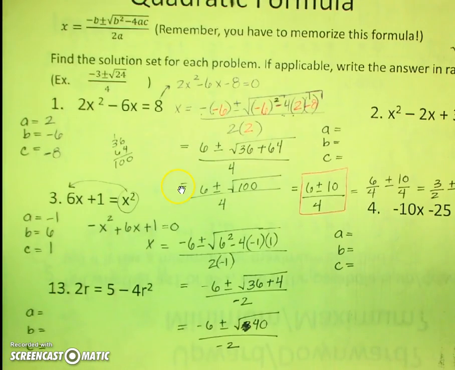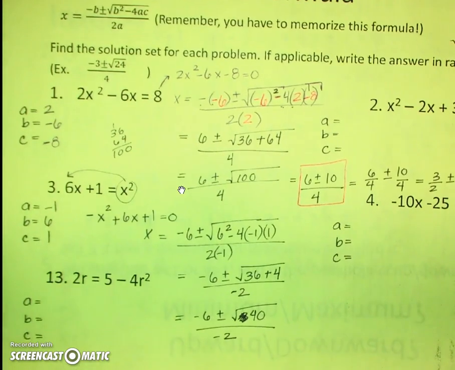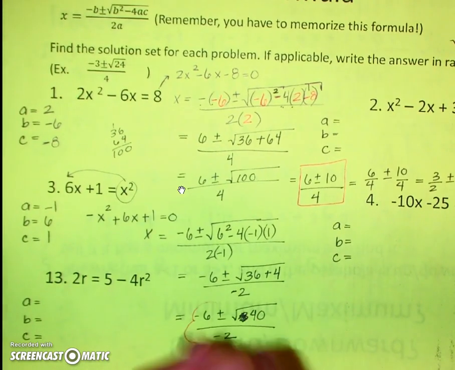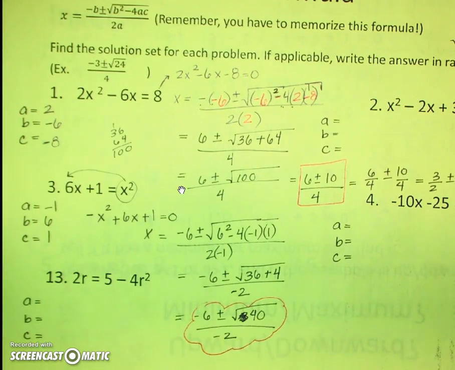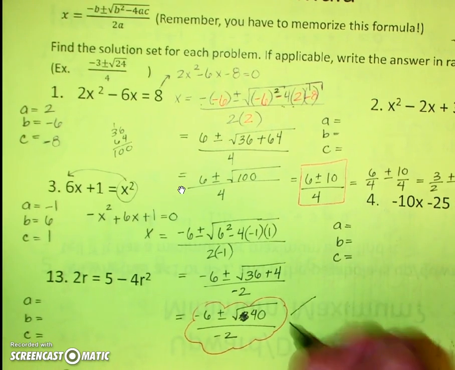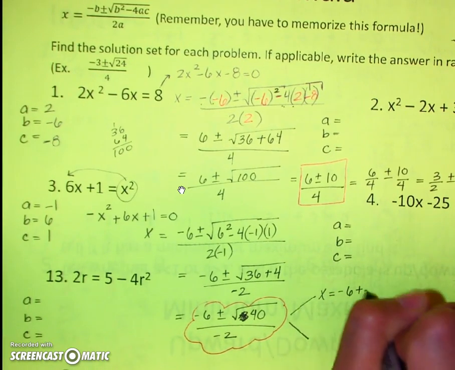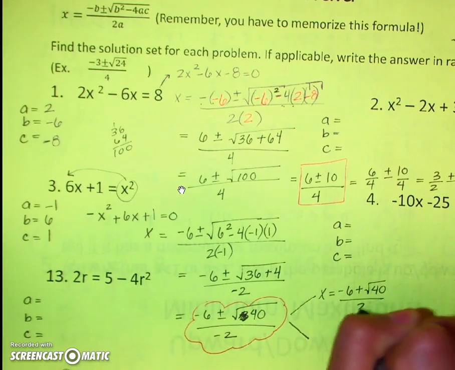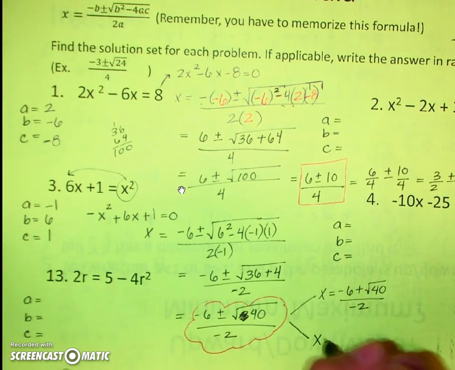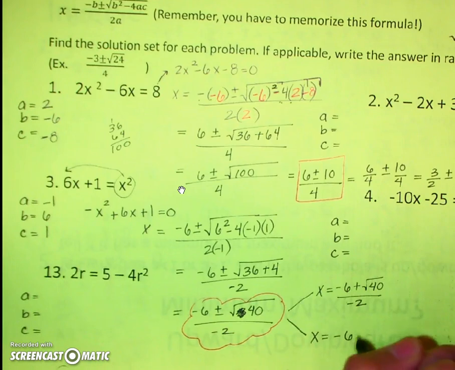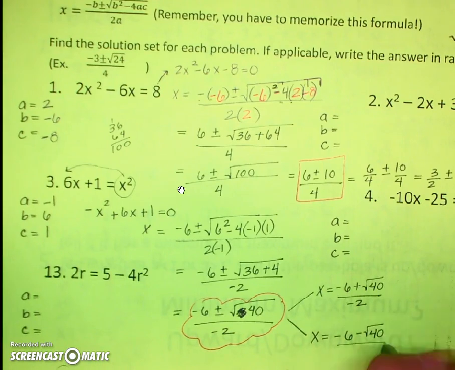Okay, your test tomorrow is going to expect you to be able to at least get to this point. The next step is to be able to actually solve for your values. So you can have x is equal to negative 6 plus the square root of 40 over negative 2, or you could have x is equal to negative 6 minus the square root of 40 all over negative 2, and we'd have to simplify that.